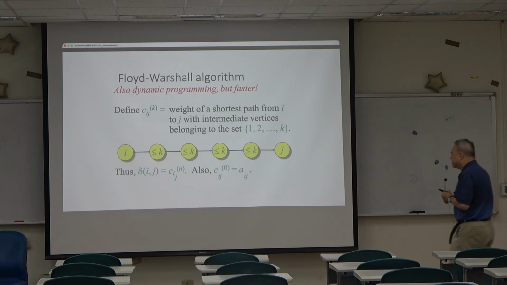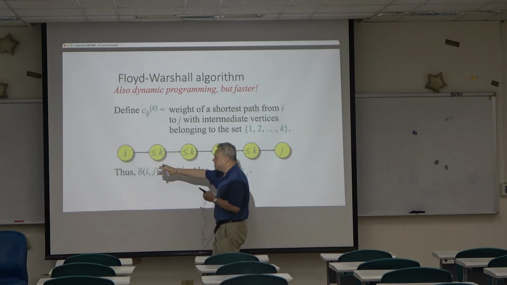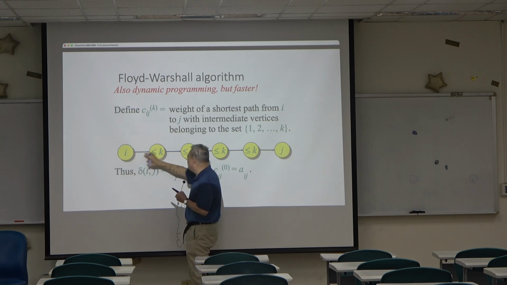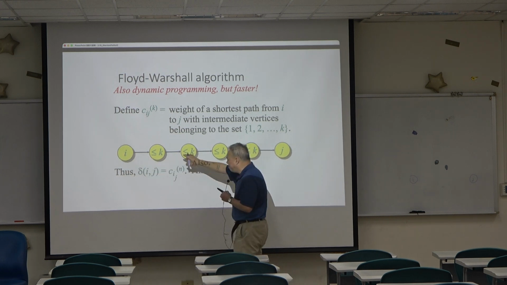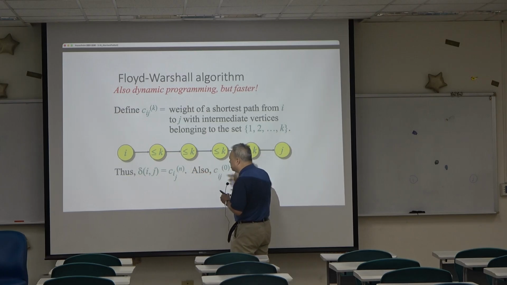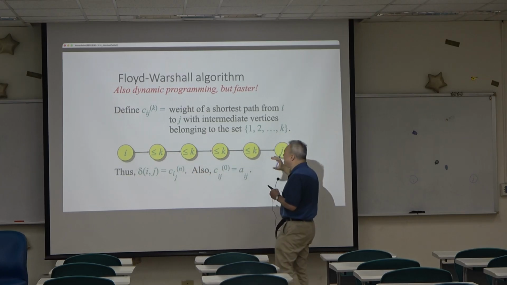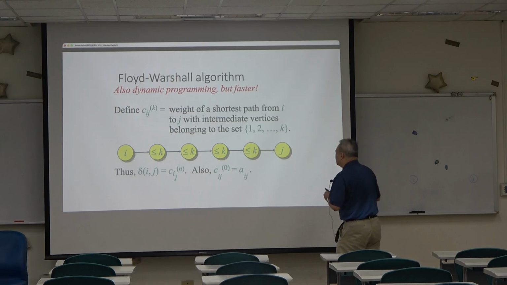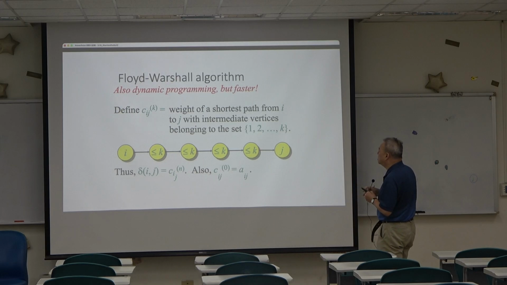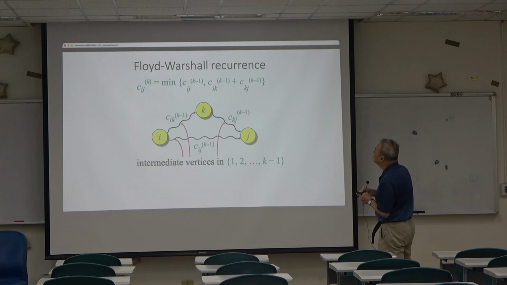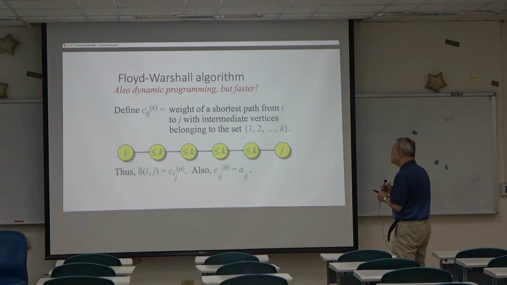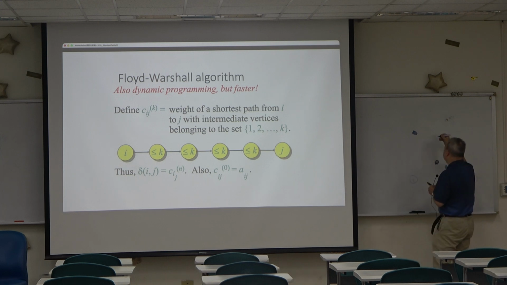So under this constraint, from I to J, the best path under this constraint, let me just use P to indicate this path.